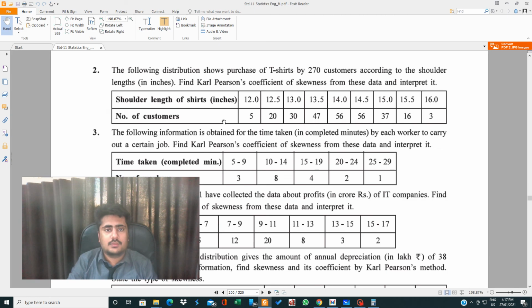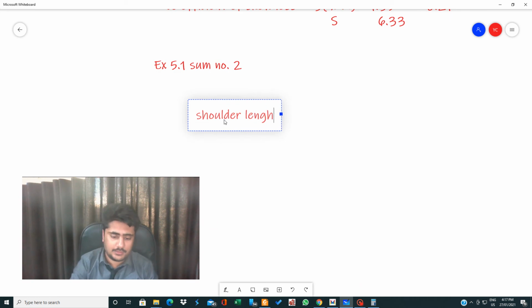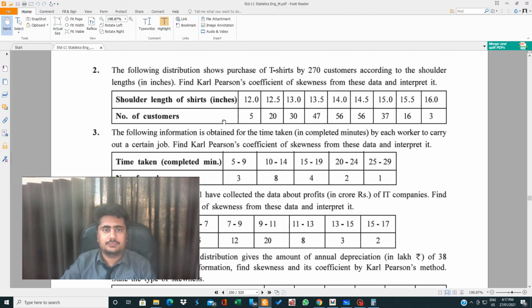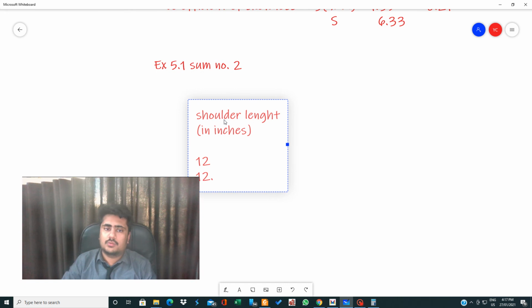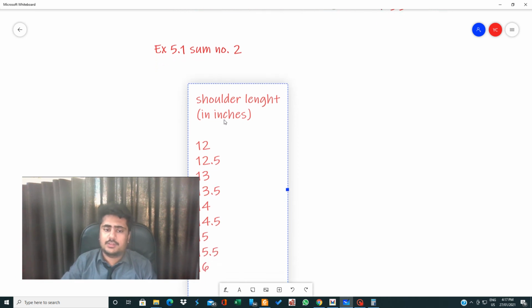So this is shoulder length in inches: 12, 12.5, 13, 13.5, 14, 14.5, 15, 15.5, 16.